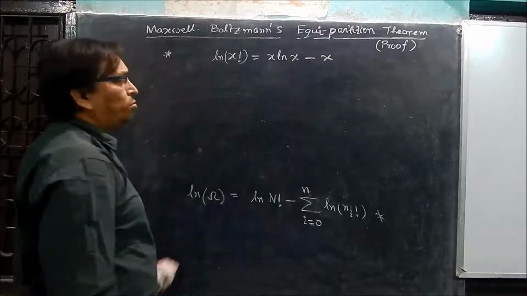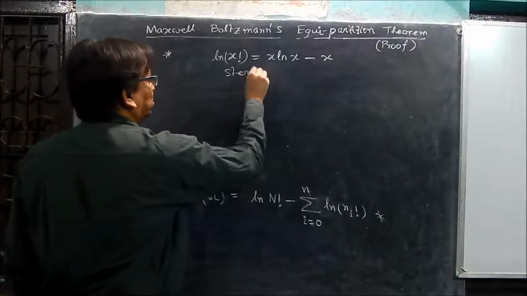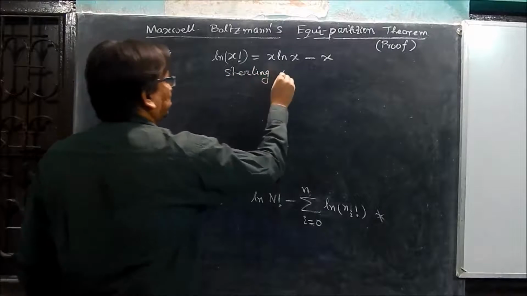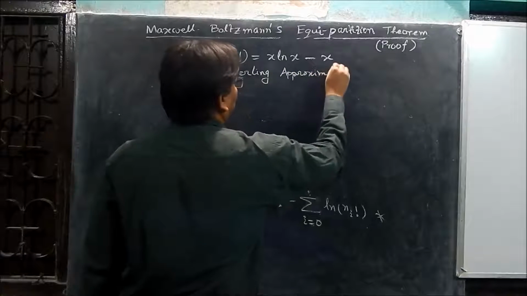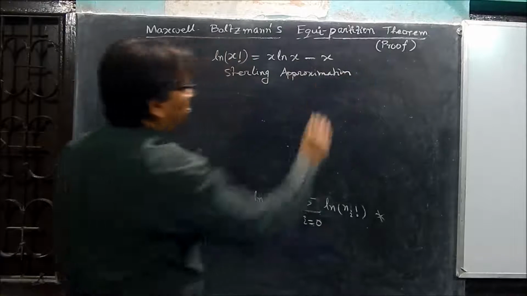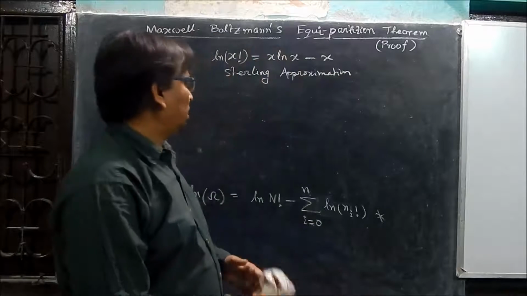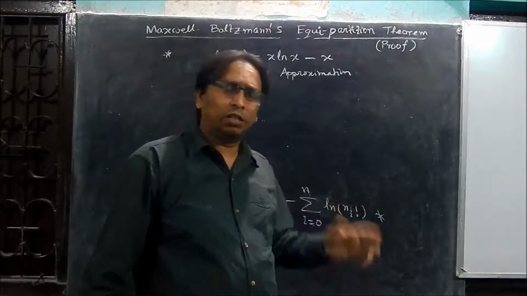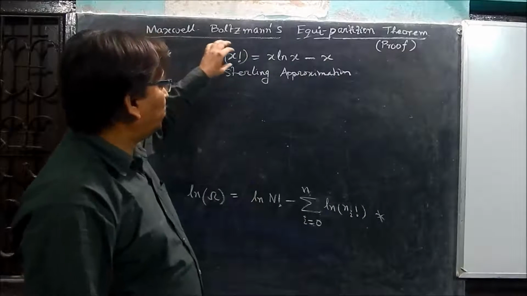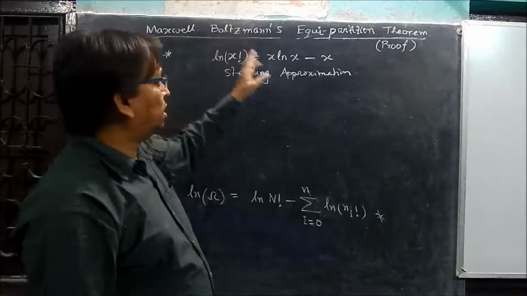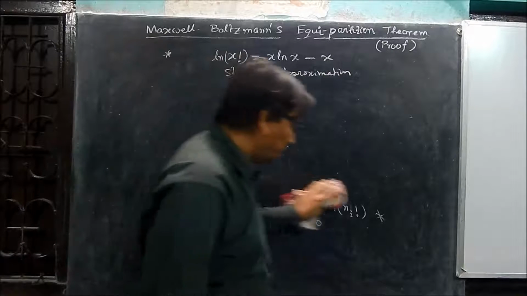This is the Stirling approximation. It is valid if x has a large value, especially. Here we are dealing with a number of particles, so this approximation can be used in this case.